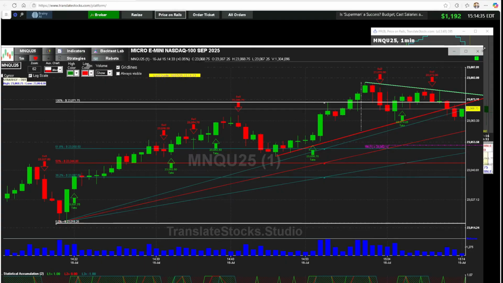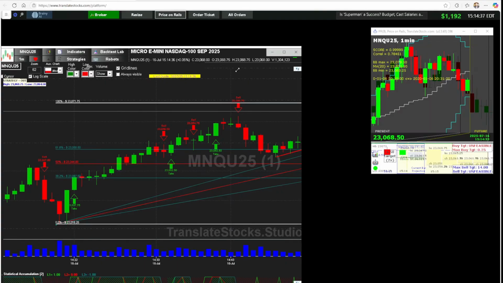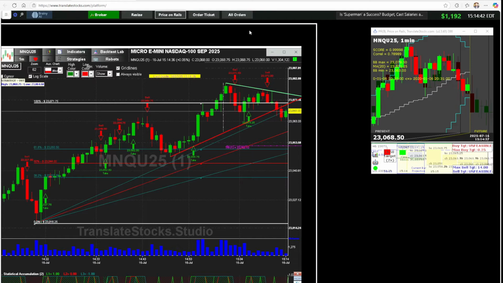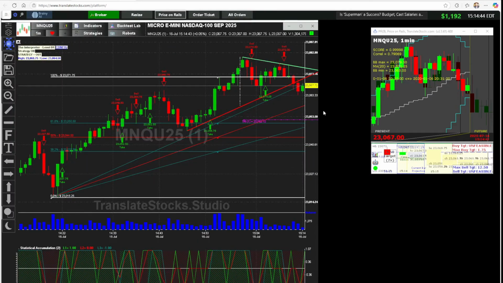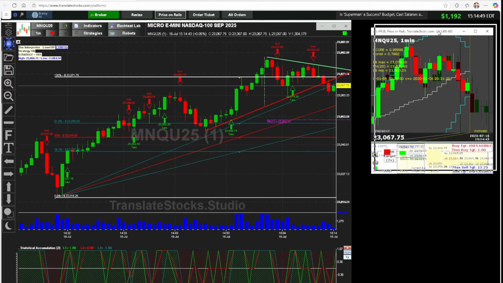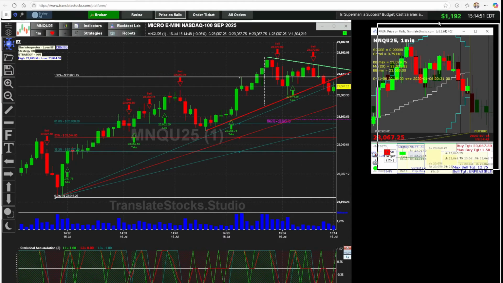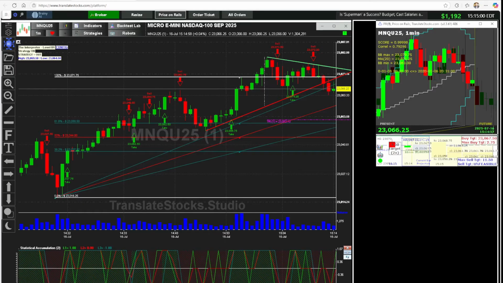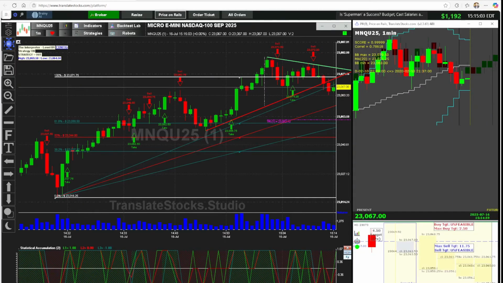And okay, I will now resize the chart here very quickly. Let me resize. I like to do this. If you are trading only one chart and one agent, the platform can do it automatically for you.